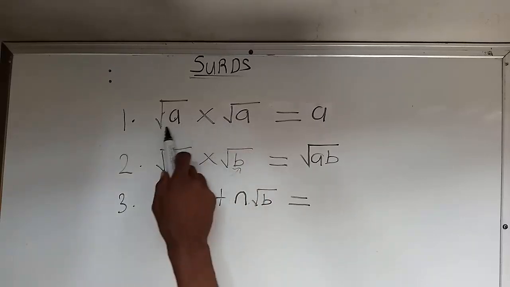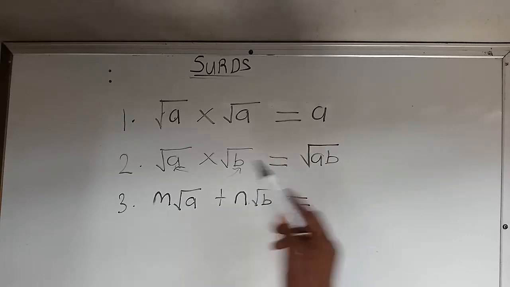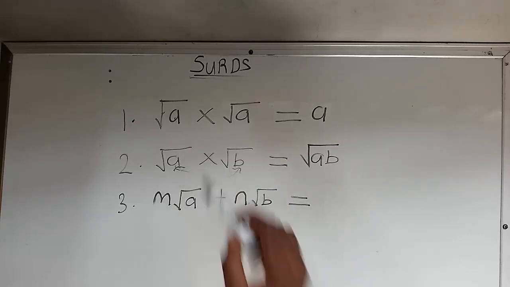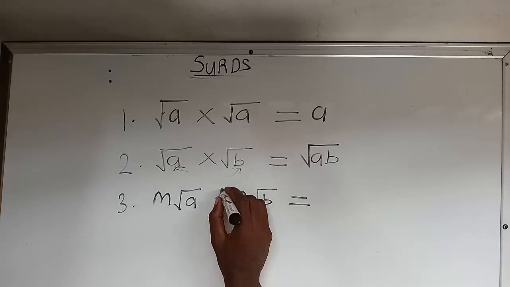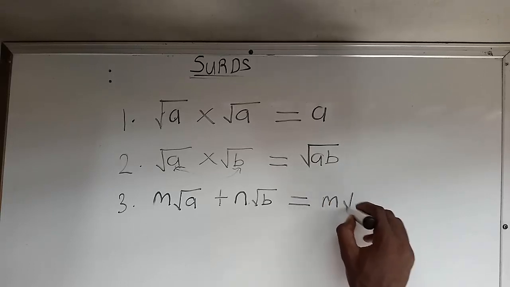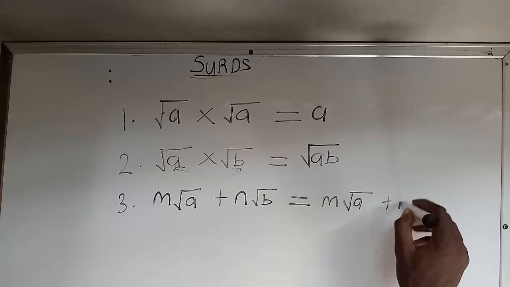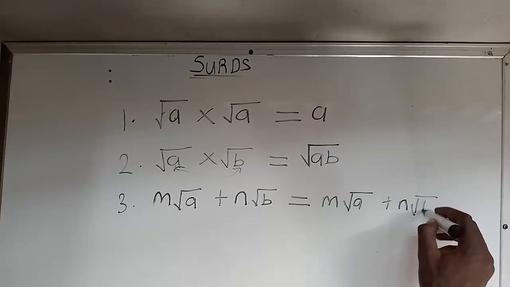These and these are like sets. These and these are not like sets. So this and this are also not like sets. But this time we are adding. So if we add unlike sets, we get the same expression.